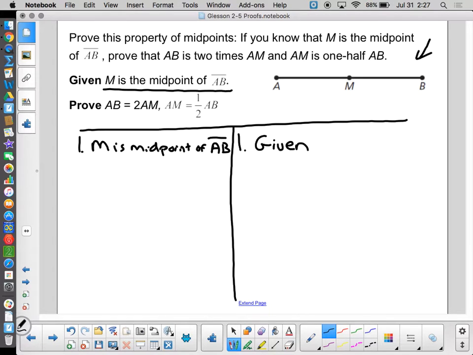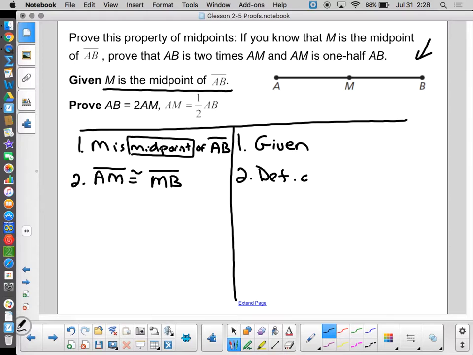If M is the midpoint of segment AB, that means what? What is it telling us? Well, if M is the midpoint of a segment, it means that segment AM is congruent to segment MB. And what tells us that? Vocabulary word. So definition of midpoint.